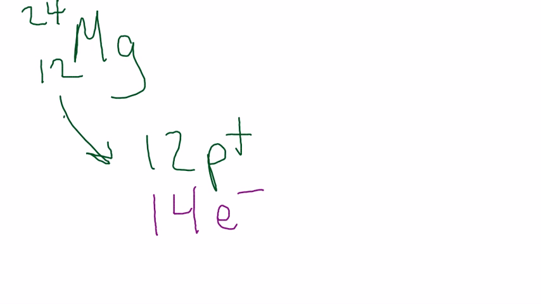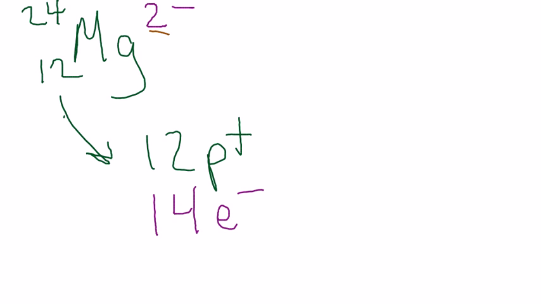Well, what you see here is a difference of 2. So there's 2 more electrons than there are protons. All that means is that it's going to have a charge that we write as 2 negative. The difference is 2, and the charge is negative because there's more electrons than there are protons.